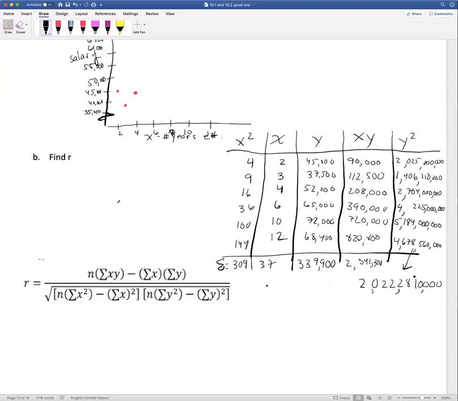Hold on. How many zeros do we need to put here? 1, 2, 3, 4, 5, 6, and then 4 zeros.